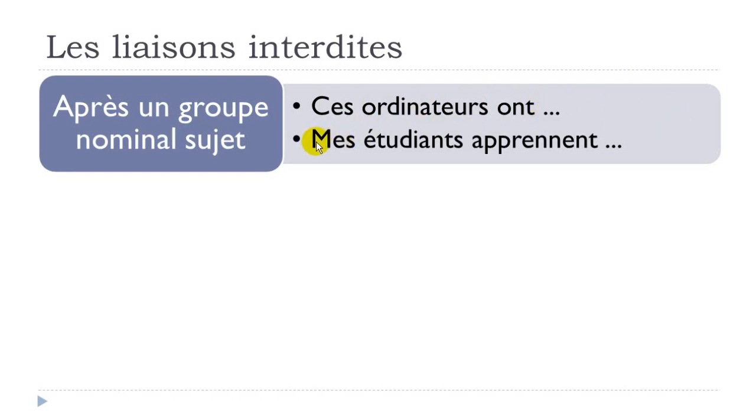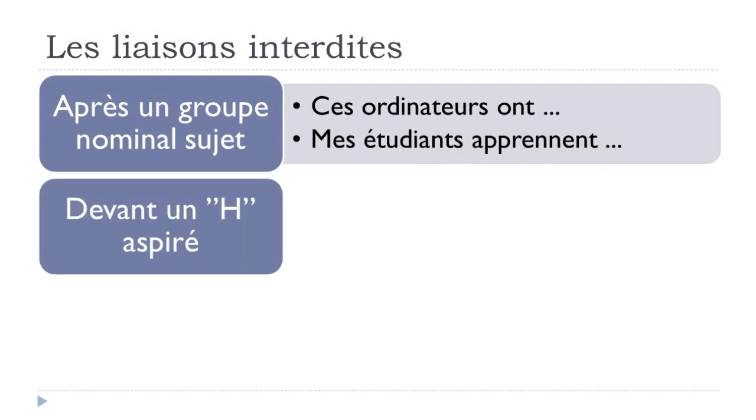Same thing here. Mes étudiants apprennent, and the sentence continues. So the concept is quite strict. Remember, you've got your subject, a group of words, and after that you won't make the liaison with the verb, okay?